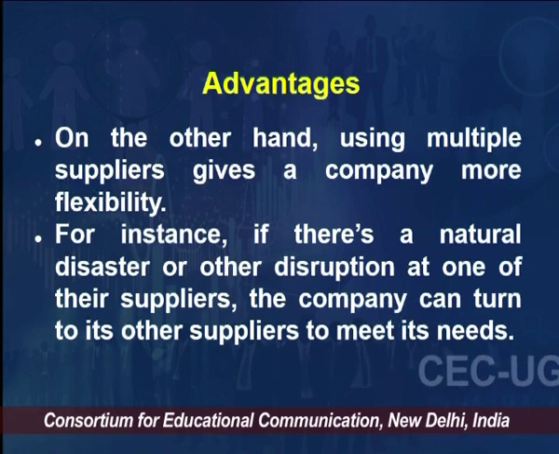So it is just like not putting all your eggs in one basket. You are diversifying your risk of loss of supply. If there is some disruption in the supply of raw material at one center, then of course the other suppliers are there to ensure continuous, uninterrupted supply of raw material.